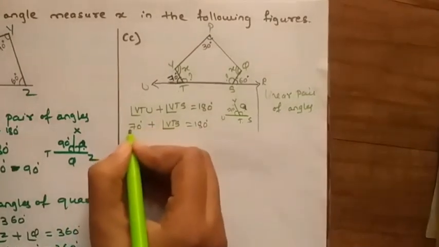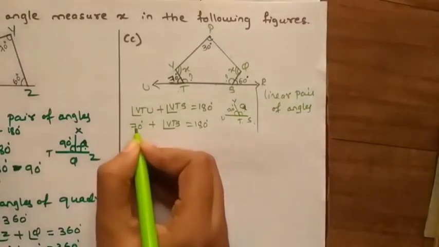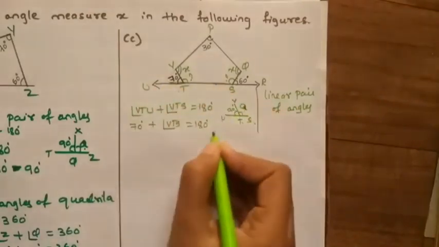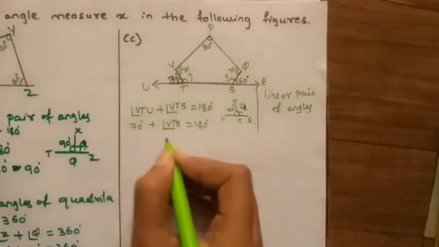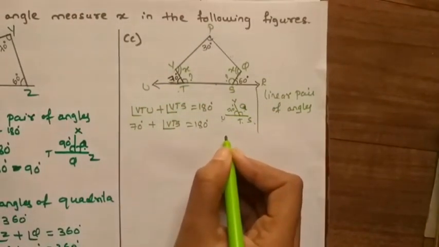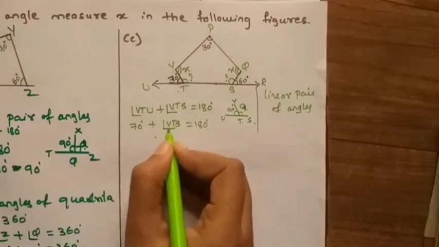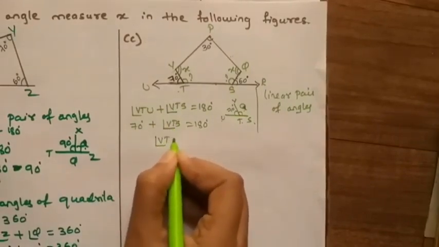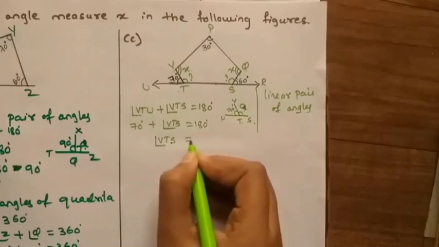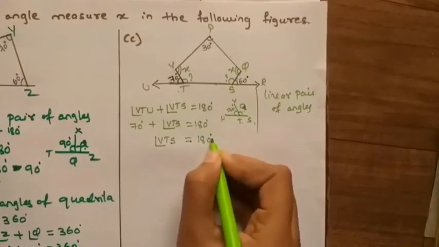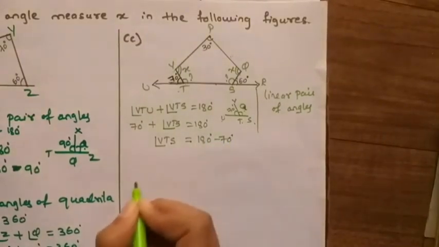Next, 70 degree is the constant number. So, when it goes to the right hand side, plus 70 becomes minus 70 degree. So, angle VTS is equal to 180 degree minus 70 degree.